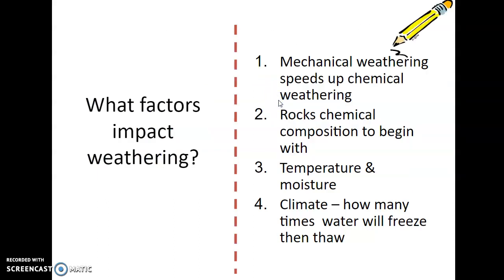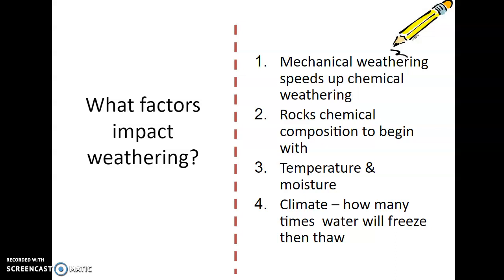So lastly, what factors impact weathering? There are 4 factors. Mechanical weathering speeds up chemical weathering. If there's already been mechanical weathering there and then chemical weathering comes in, it will also increase the rate of weathering. And then the rock's chemical composition to begin with. Certain chemical compositions can either increase or decrease your rate of chemical weathering.